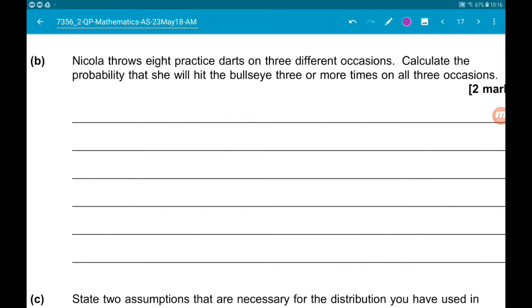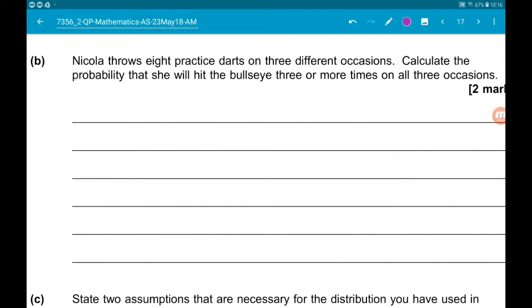Okay, then for part B, Nicola throws 8 practice darts on 3 different occasions. We want to calculate the probability that she hits 3 or more bullseyes on all 3 occasions. So, this is a lot more simple. We are talking about successive events. So, all we do is the probability that she hits 3 or more bullseyes cubed.